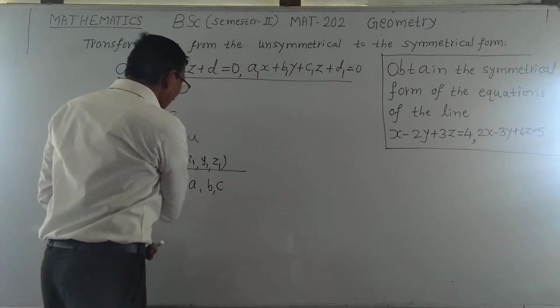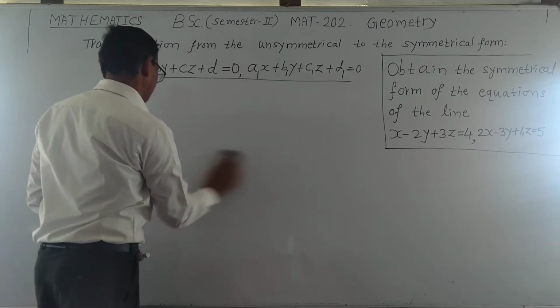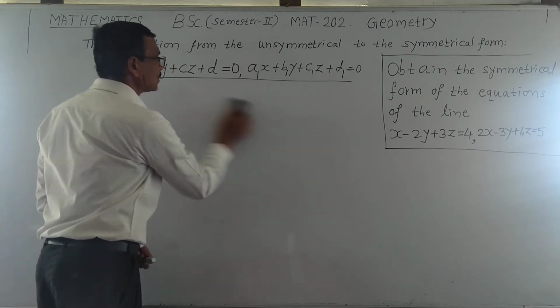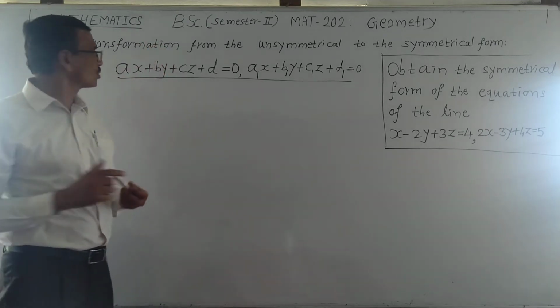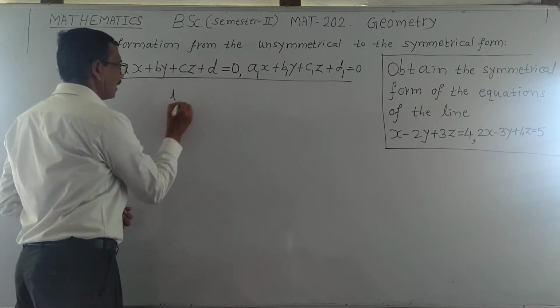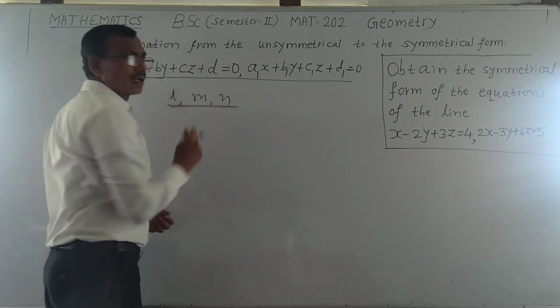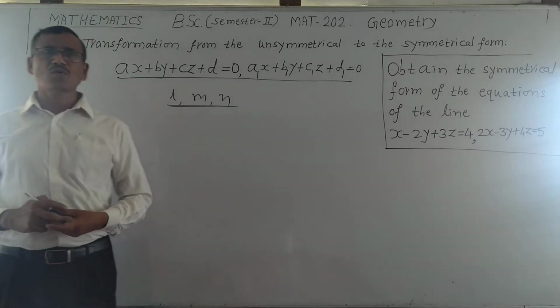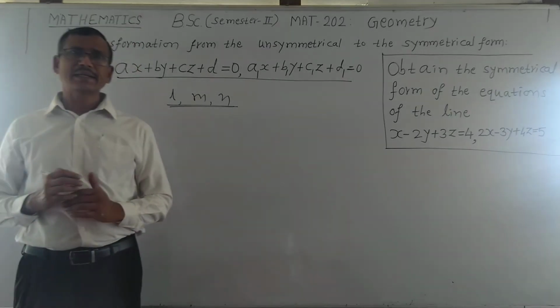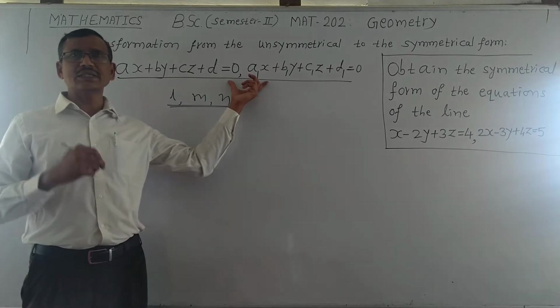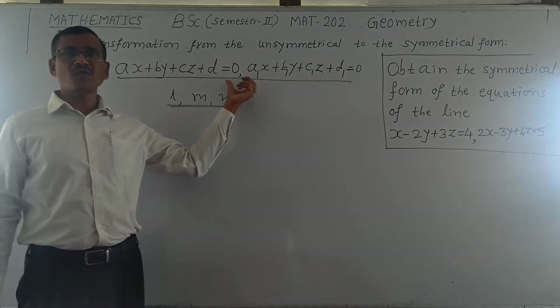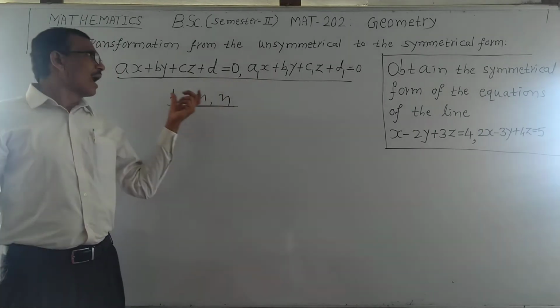To obtain the direction cosines or direction ratios of the line, we assume that l, m, n are the direction cosines of this line, which is given in unsymmetrical form.